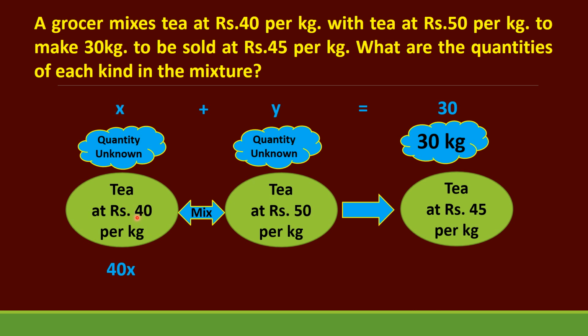So 40 into x, that is 40x, plus 50 into y, so 50y. 40x plus 50y is equal to 45, and the quantity is 30, so that will be 45 into 30. Now we get two equations. This is the first equation and this is the second equation. Hope the question is clear now. Based on these two equations, we can try to solve this problem.